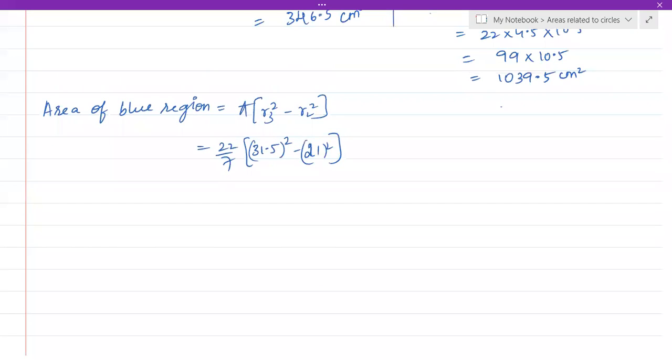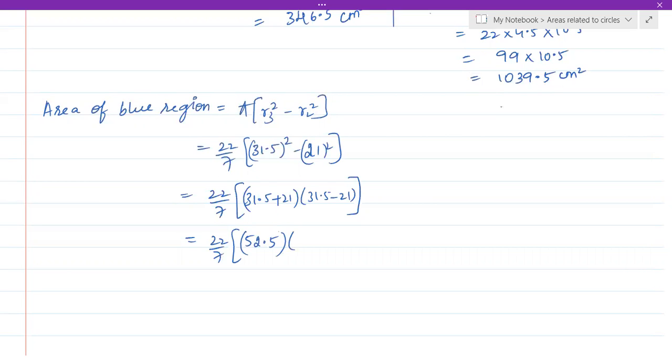So let's find this: 22 by 7, again a square minus b square, so a plus b, a minus b. So 31.5 plus 21 becomes 52.5, isn't it? Into 31.5 minus 21 will become 10.5.